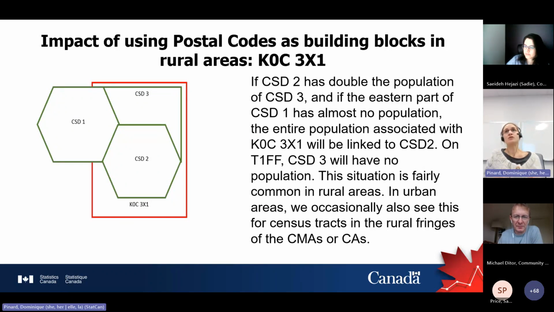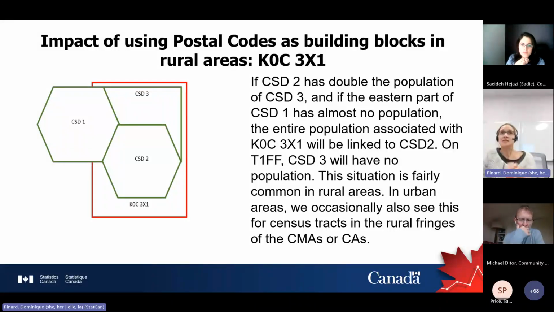So if you live in a very large postal code, a rural area, say K0C 3X1, and we know that this postal code covers three various CSDs, but in CSD1 there's very little population according to the census. Now, K0C 3X1 actually fully covers CSD3 and CSD2.